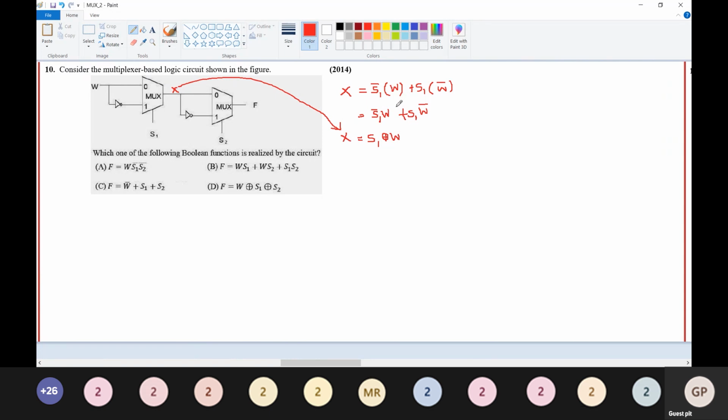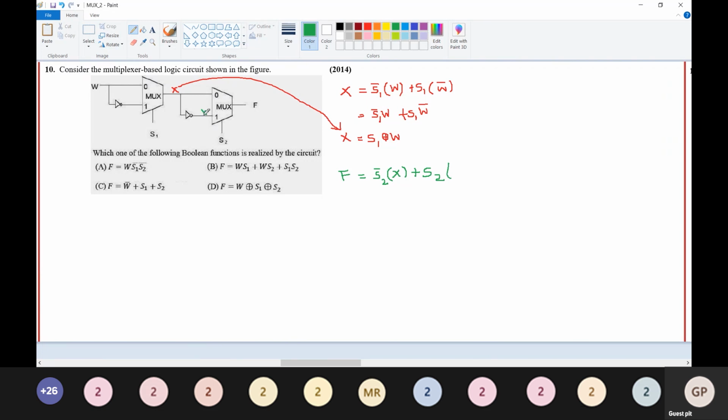Now we'll move to the second multiplexer. The output of the second multiplexer is F. Therefore F is equal to, the selection line is S2 here. So S2 dash into, first I0 will be selected. I0 here is X, plus S2 into I1, which here is X dash.